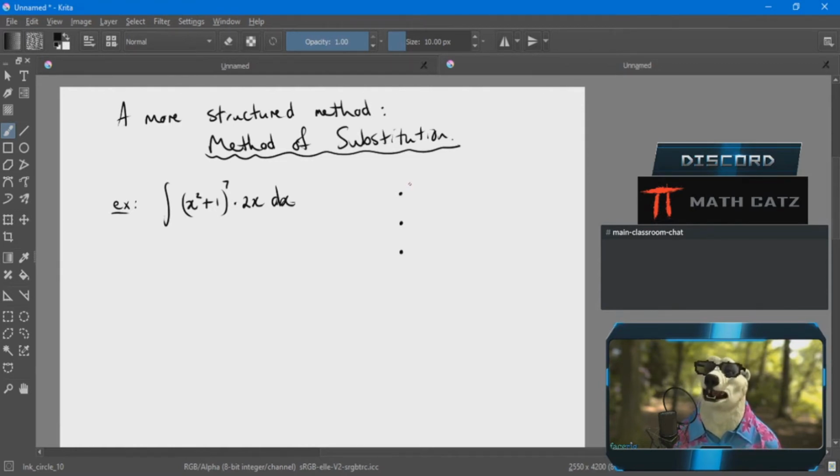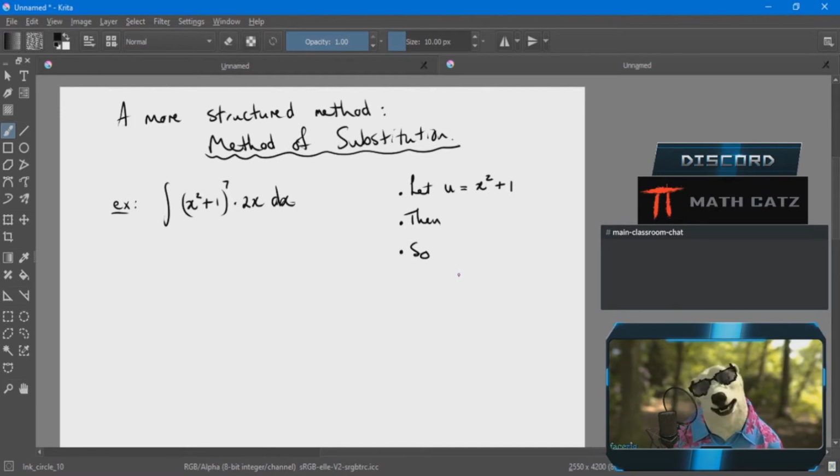And the words that help me remember it are let, then, so. I'm going to use a new variable. I'll call it u, and I'm going to let that represent the inside function that I see in the function of a function portion. In this case, it's obviously x squared plus 1.